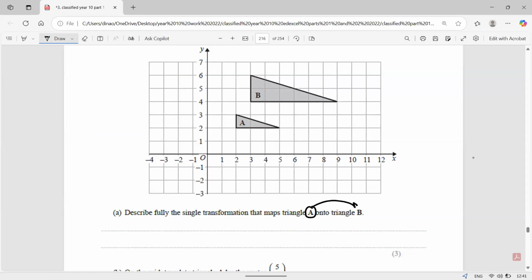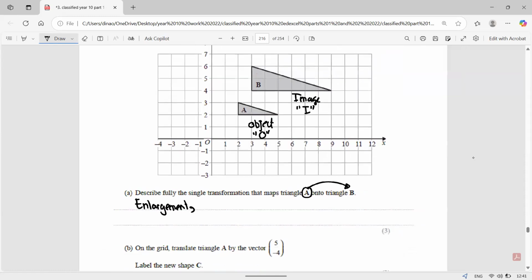A onto B, so A is the object, the original. The object could be labeled by capital O and B is the image, could be labeled by capital I. So this is the object, this is the image. Since there is a change of size, this is enlargement immediately.